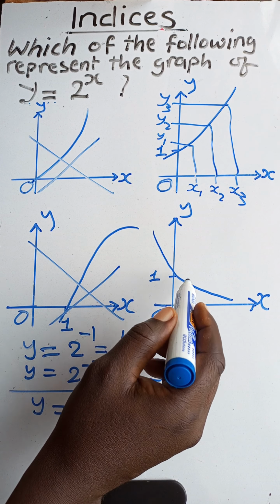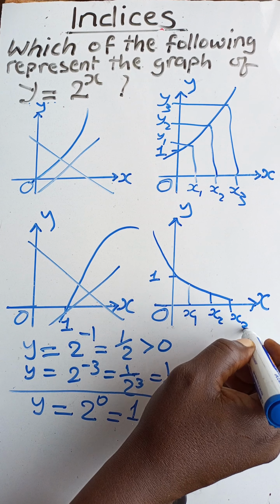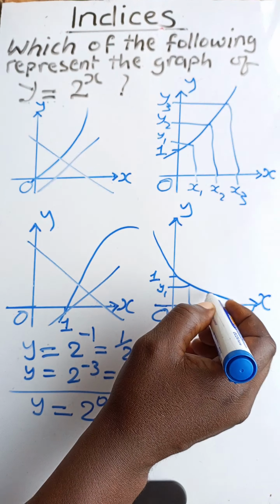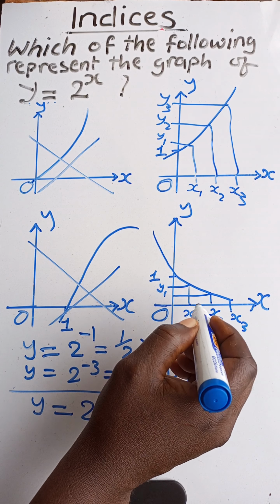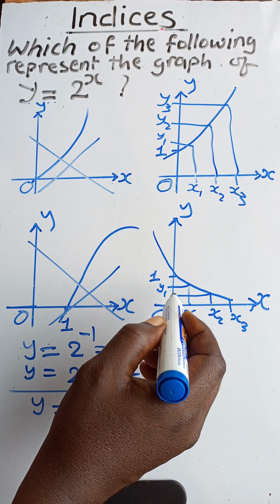Now, let's check the same thing here. Let's take random values of x in increasing order, and their corresponding values of y. You see that when x is increasing here, the values of y are instead reducing.